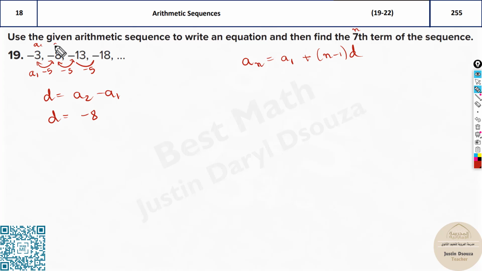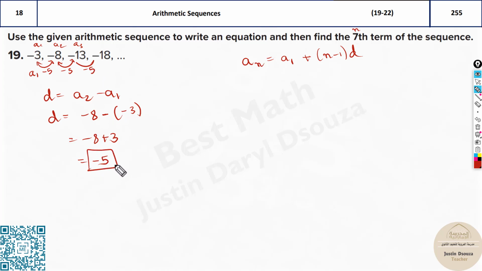So this is the first term, second term, third term, and so on. You should take the greater term minus the previous term. I took minus 8 minus the first term, which is minus 3. So minus 8 plus 3 gives you minus 5. This is the answer for d.